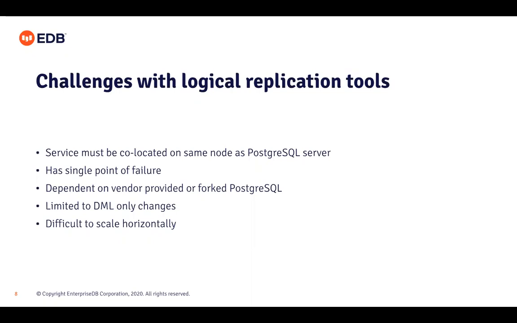And then finally, it can be difficult to scale the replication service to the workload of replication alongside the database. Depending on the load that the application creates for replication, separate from the load that it creates on the database server, you may want to be able to segregate those replication workloads outside of the database server and match them to the workload there.